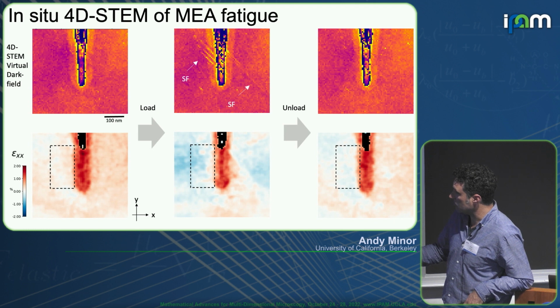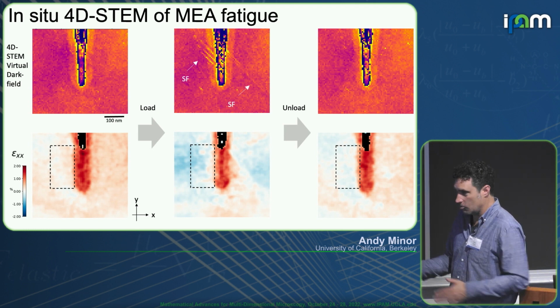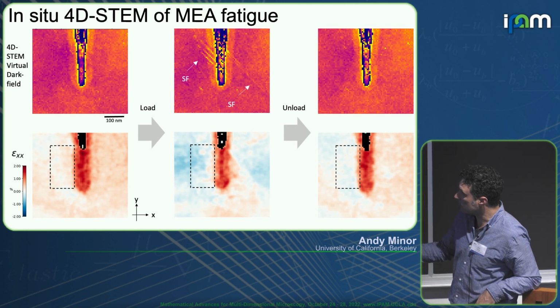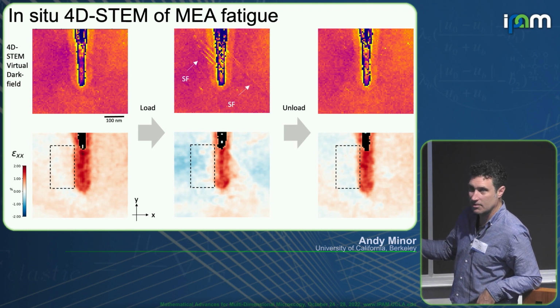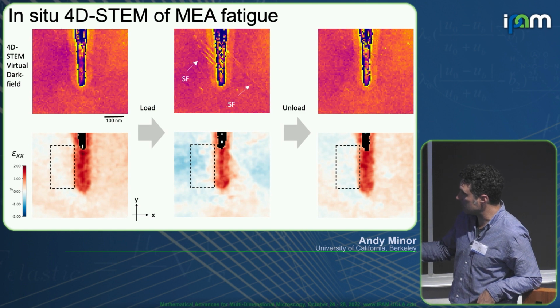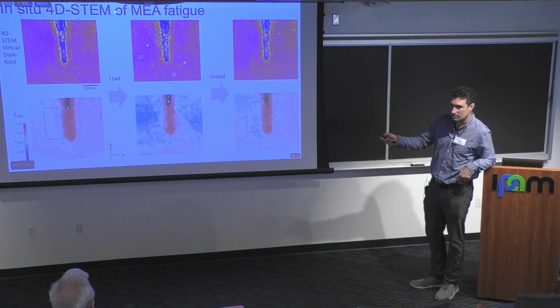And what's interesting here is you see as you load it up, you open up the crack, you get the streaks, and then you unload it and they go away. So this is pretty interesting. Basically, the interpretation is they have a partial dislocation that goes out, and then it zips back, closes.